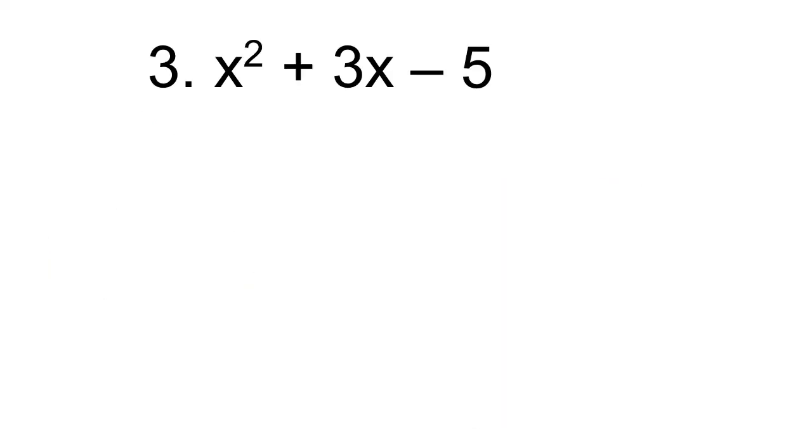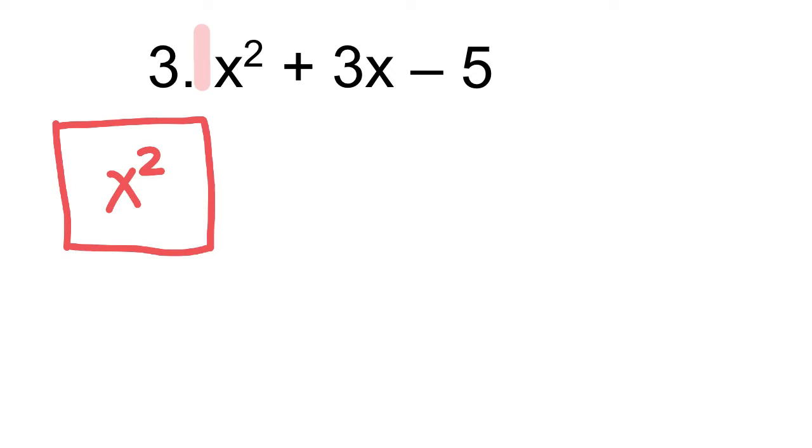Now let's look at another problem. What I want you to see is in front of the x squared, the coefficient is 1. There's an understood 1 there. So that means we're going to have 1 x squared, and it should look like a square. Next, the coefficient on the next term is 3. So we will have 3 x's.